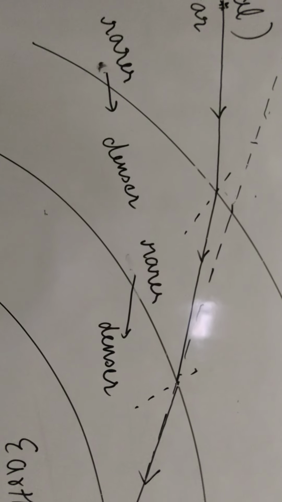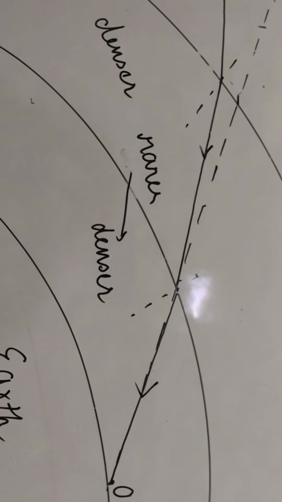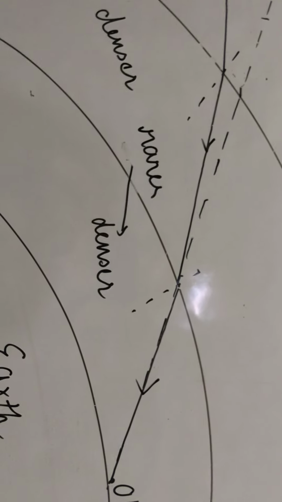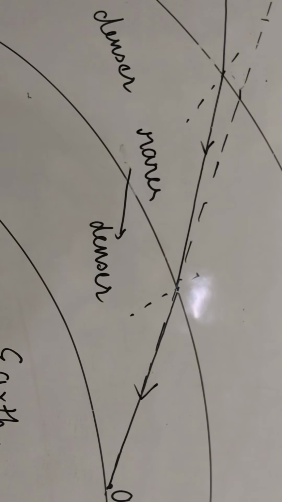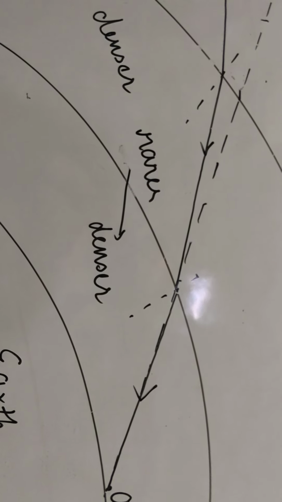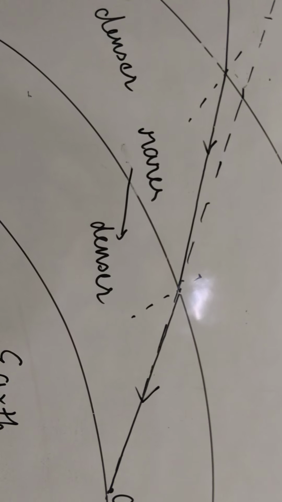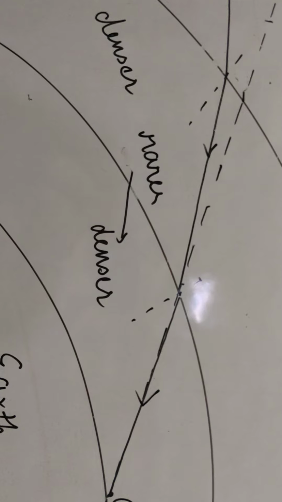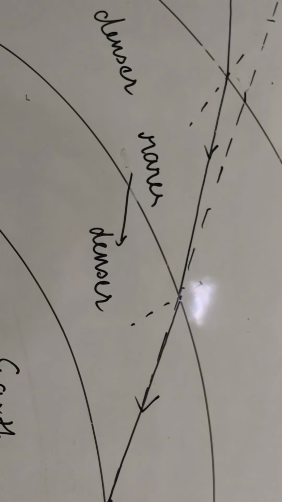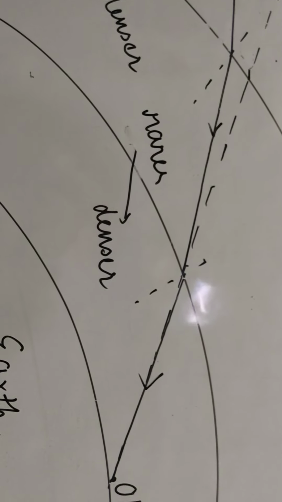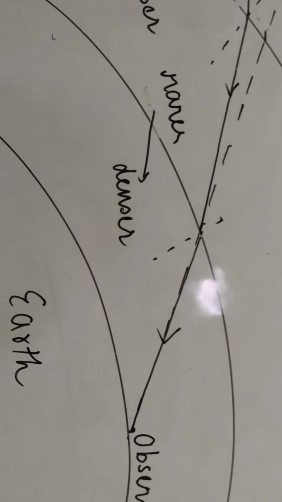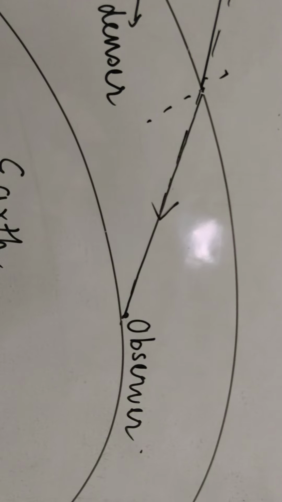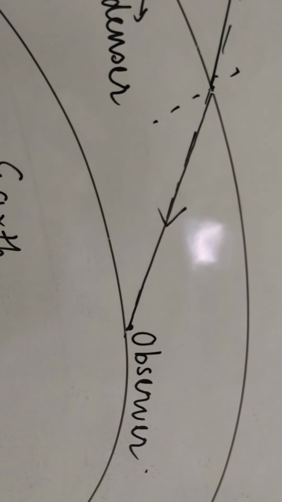Again, when it enters from this layer into the second layer, which is lying closer to the earth, as I have told you before, the optical densities are different, and the layer which is lying closer to earth is having more optical density, that is, its refractive index value is more, or we can say speed of light is lesser in that layer. So again, the bending takes place towards a normal. So here, for an observer, this is a ray which is reaching observer, which is actually coming from star.